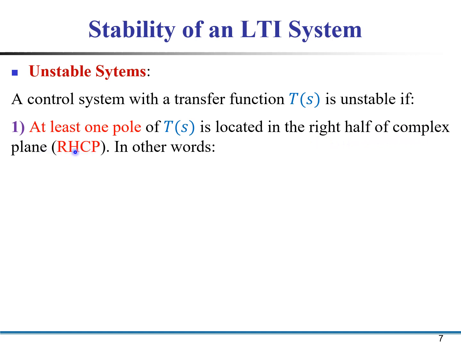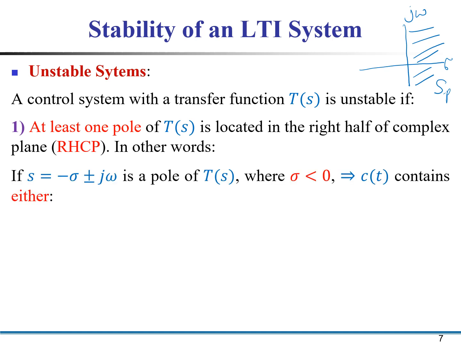Again, just to repeat, when we say complex plane, this means it is the s plane. And here, if I sketch, if this is the s plane, here it is sigma and j omega. So if we have one or more than one pole in this region, this means the system is unstable. And this pole can be real or a complex pole. In both cases, the system will be unstable.